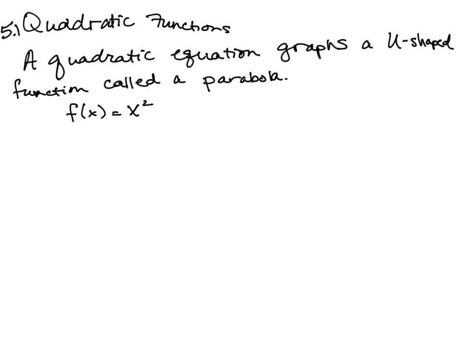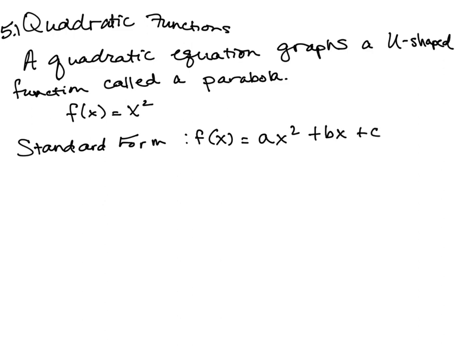The standard form of a quadratic equation is f of x equals ax squared plus bx plus c. I think you should be really familiar with this by this point in the school year because we've solved quadratic equations a lot.